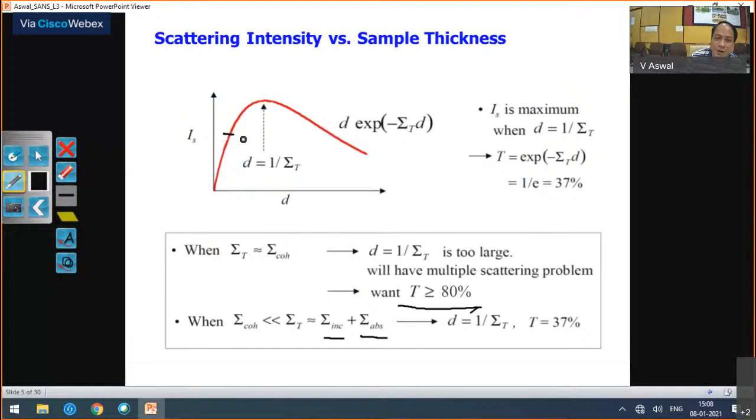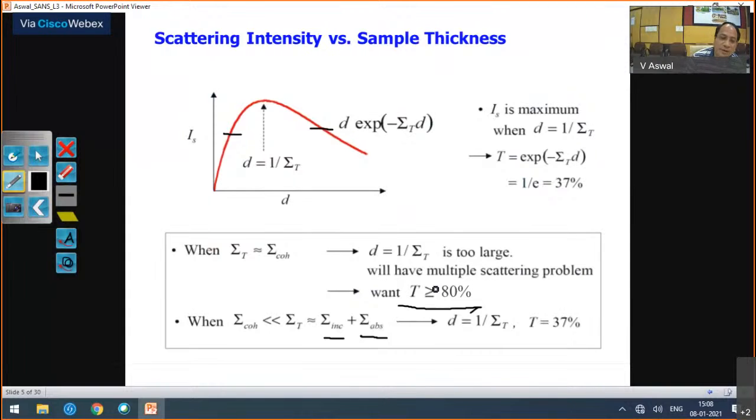And also, if you go for too thin samples, then again your scattering will be low. So when you have high incoherent scattering from the sample which you cannot avoid, or high absorption, some elements in the system which absorb neutrons and you cannot avoid, in that case you can go for this kind of transmission to get maximum intensity from the sample.